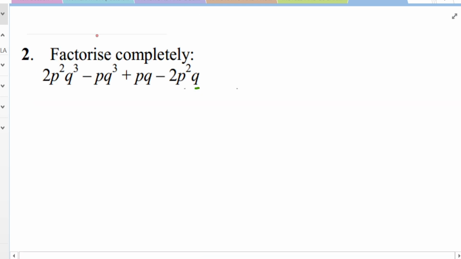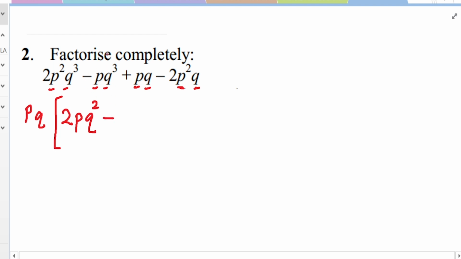So factorize completely this expression. So from this expression, you realize that we have PQ everywhere. Since PQ is common everywhere, let's put PQ outside the brackets. What do we remain with? The first term, 2p squared q cubed, divide that by PQ, remain with 2pq squared.